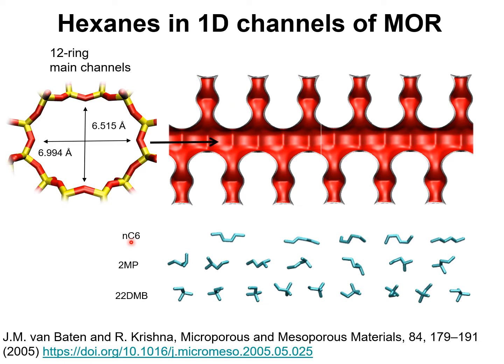Now, let's take the example of adsorption of normal hexane, 2-methylpentane, and 2,2-dimethylbutane.